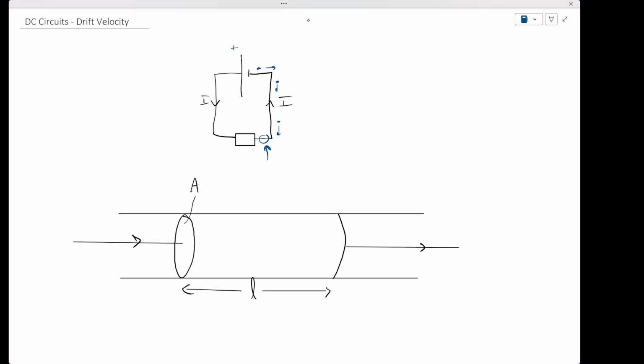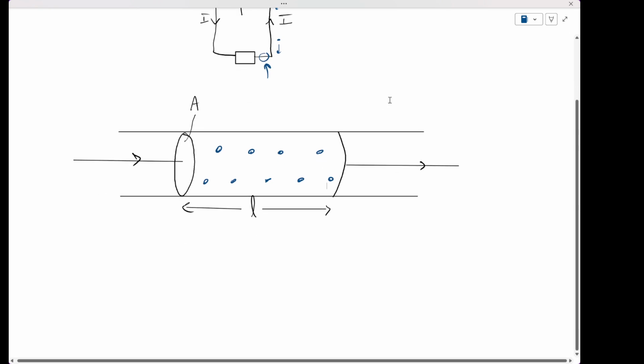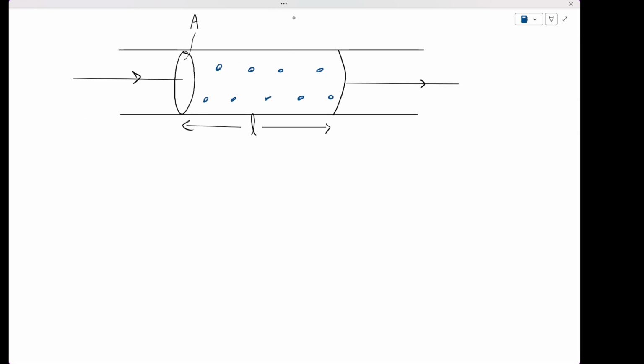Within that section, the things that are carrying the charge, the things that are mobile, are the free electrons. One of the factors we need to think about is the density of those free electrons. How many free electrons might we expect to find in this material? So we're going to start by defining the lowercase letter n as the free electron density.